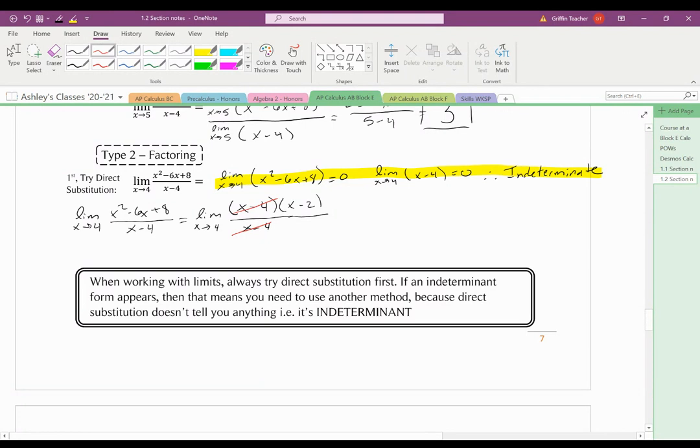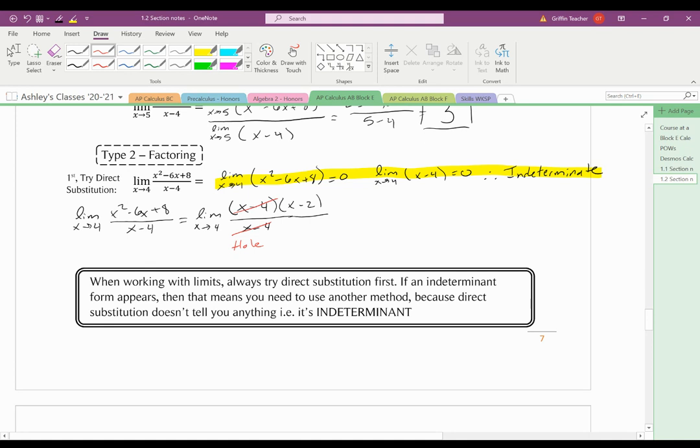Now, jumping to pre-cal again, if I have a group from the numerator cancel out with something from my denominator, this represents a hole on this rational function, right?